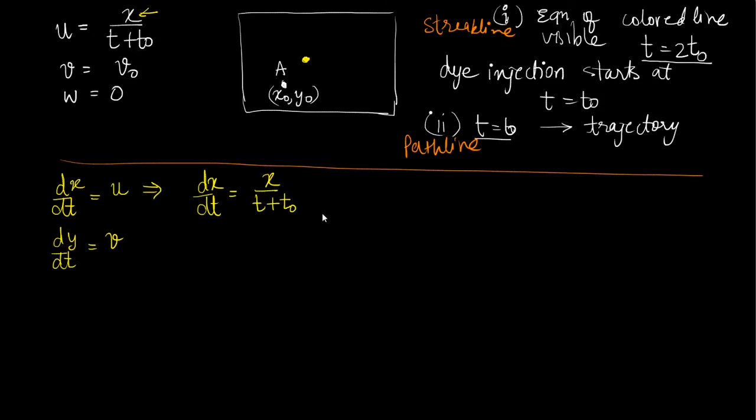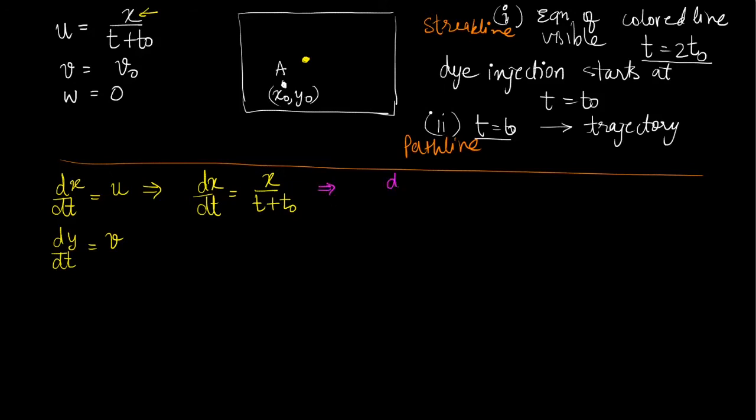But now instead of choosing t naught to be fixed, or rather let us not worry about t naught because t naught is a constant. Now when we integrate all of this, before integrating let me rearrange.